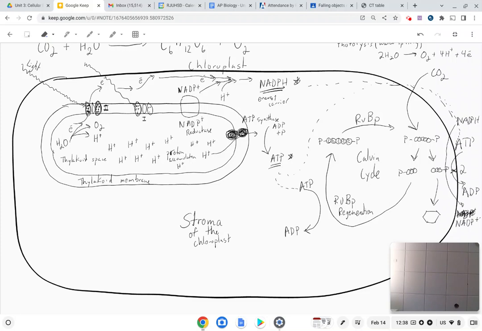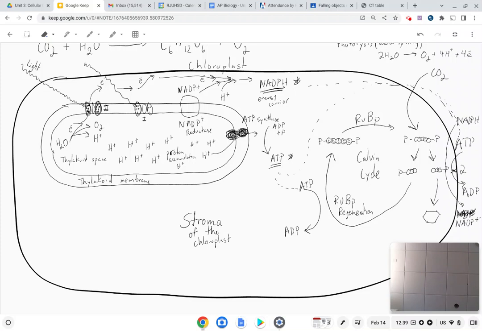I'm going to give you some sample problems that we're going to look at, and right now on your own time you should be looking at some sample problems from the AP classroom and getting a feel for what kind of questions you might be asked about photosynthesis. So, any questions about the diagram?